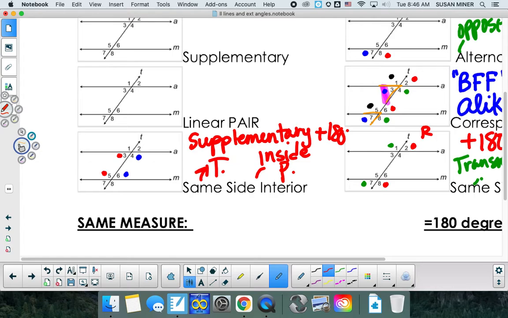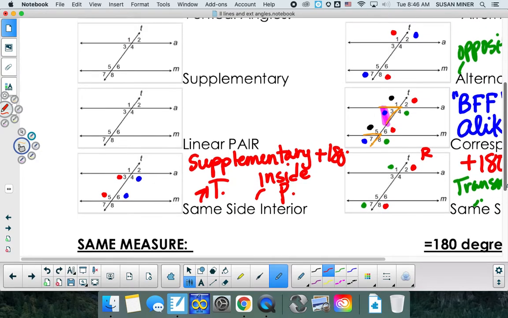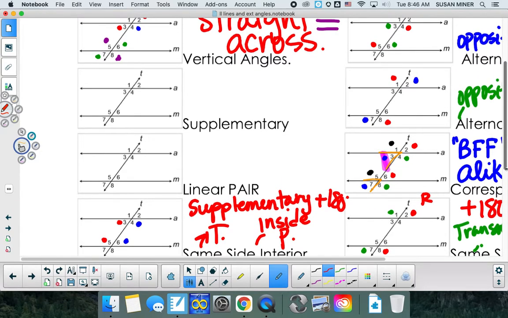And the last one is one that we haven't talked about, but we kind of have, right? The last one is a linear pair. And the word linear, remember, its name says what it is. It makes a line. And so a linear pair are on the same line together.